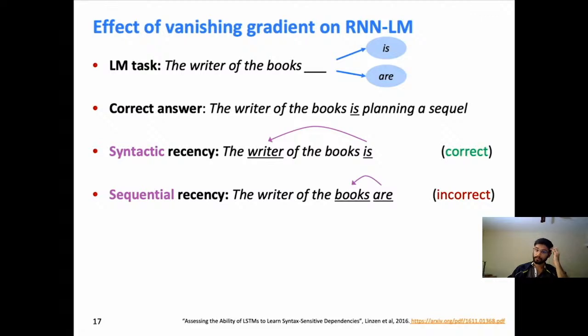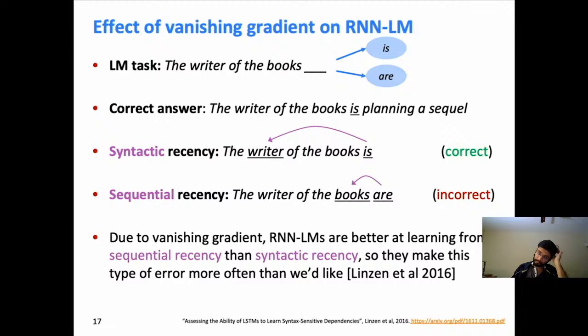So the problem here is that RNN language models are better at learning from sequential recency than syntactic recency. And this is partially due to the vanishing gradient problem. Because especially perhaps if your syntactically related word is actually kind of far away, then it might get really hard to use the information from the syntactically recent word, especially if there's a lot of strong signal from the sequentially recent word.